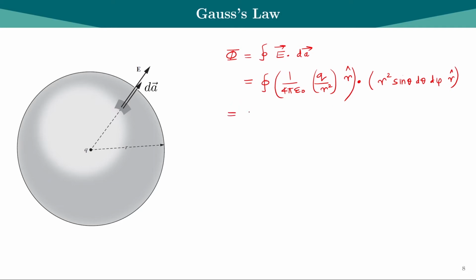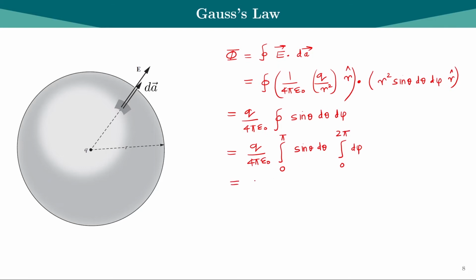This is equal to Q over 4 pi epsilon 0 closed integral of sine theta d theta d phi. So this is equal to Q over 4 pi epsilon 0 integral of sine theta d theta times integral of d phi. The limit of theta is from 0 to pi, and that of phi is from 0 to 2 pi.